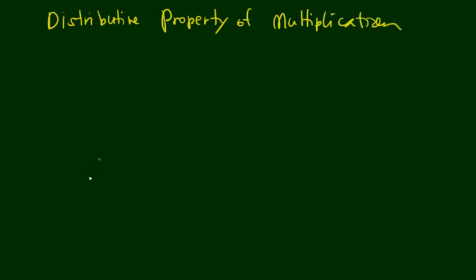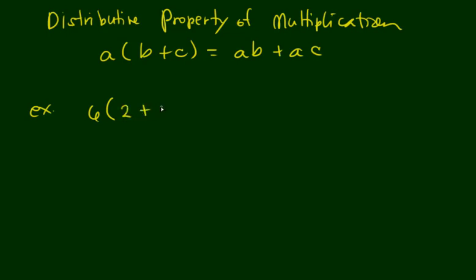Okay, let's say we have a times quantity b plus c. That is equals to a times b plus a times c. Yan po ang ibig sabihin ng distributive property. So, example, we have 6 times quantity 2 plus 1. Ano po ngayon ang magiging sagot? Yung pong 6 ay yung a, yung pong 2 ay yung b, at yung pong 1 ay c.